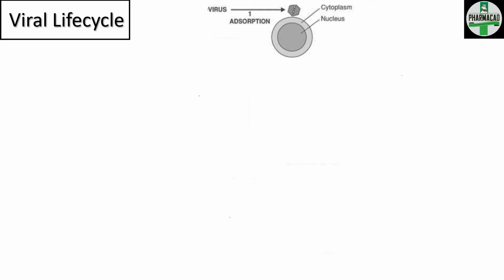For example, HIV can identify CD4 receptors present on the T cells of the immune system and attach to them. This specific binding ability of viruses to these receptors is also known as tissue tropism of viruses.